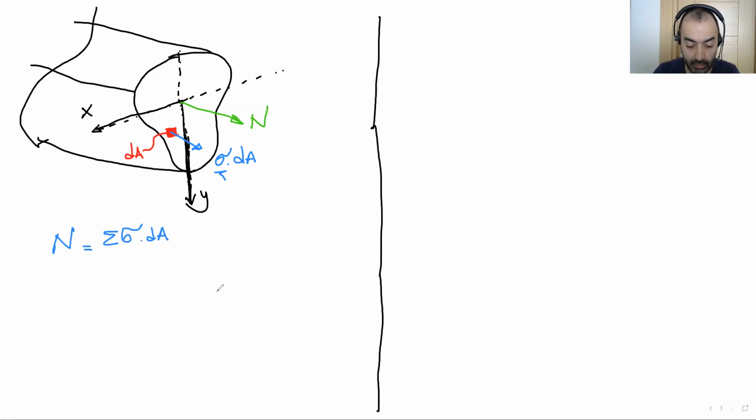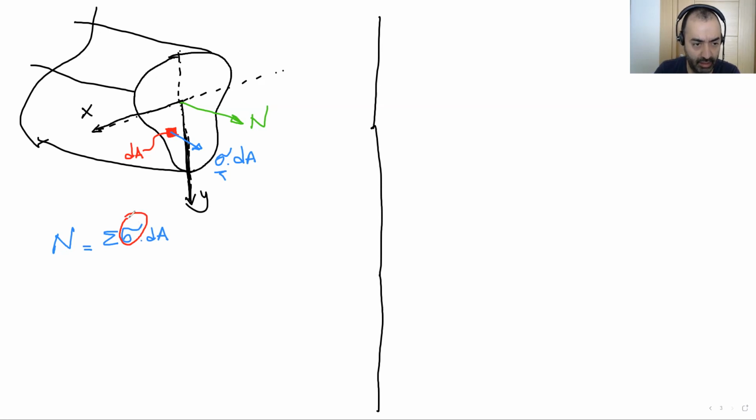In this equation, the constant number is sigma. Why is this constant? It's the same at each point of this surface.